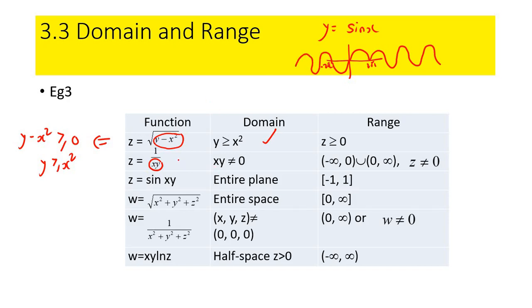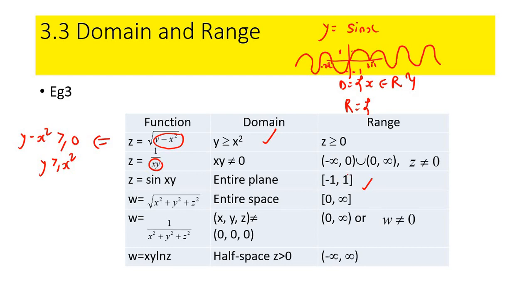So that's why for y equals sin x, x takes up all real numbers. The domain is x belongs to the real numbers. The range, for the graph of sin x, the maximum is 1 and the minimum is negative 1. That's why the range is here.